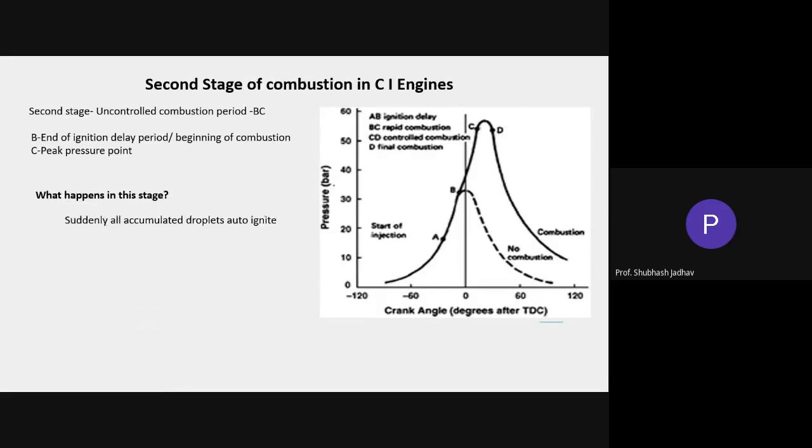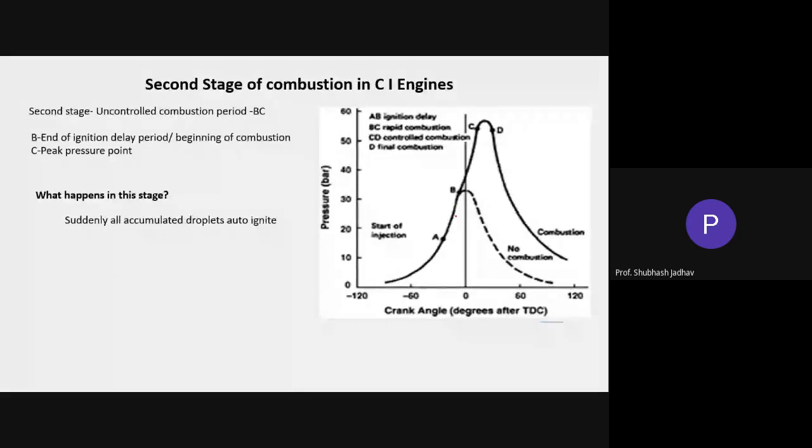Suddenly all the accumulated fuel droplets are going to auto ignite. You have started injection at point A and you keep spraying the droplets. As you move from A to B, you keep injecting fuel droplets into the combustion chamber, so the droplets accumulate in the combustion chamber, but they are not actually burning.